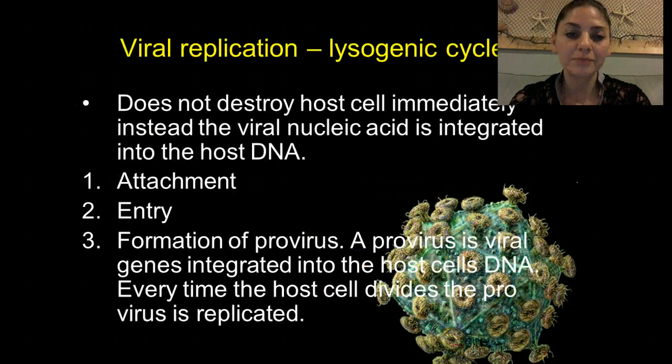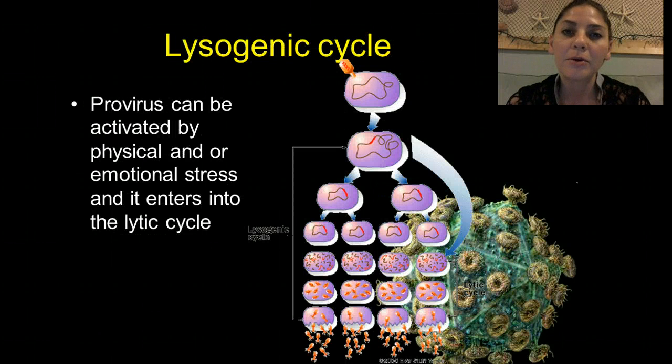So right up here, we have the formation of that provirus. The provirus is a viral gene that is integrated into the host cell's DNA, and like I got through saying, every time that host cell divides, so does that viral DNA or RNA. But eventually it's going to enter into the lytic cycle.